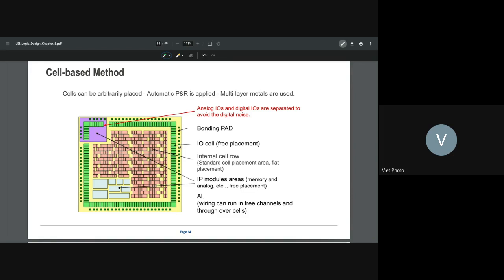The bonding part is what you see outside of the chip. Actually, it's not really that bonding part. Let me clarify this.